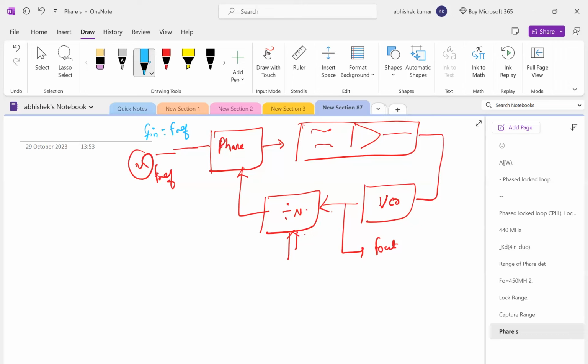If we have this type of circuit, then our F output will be N times F reference. In this way, we can digitally change the output frequency just by changing this number N. So this is a very good example of a PLL.